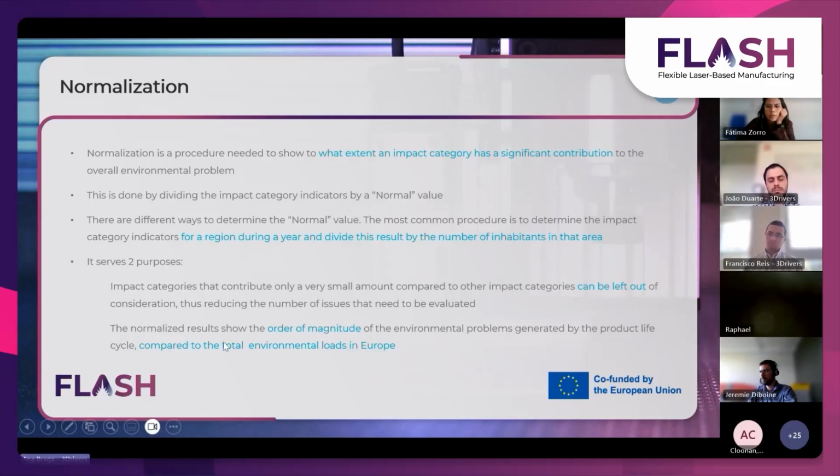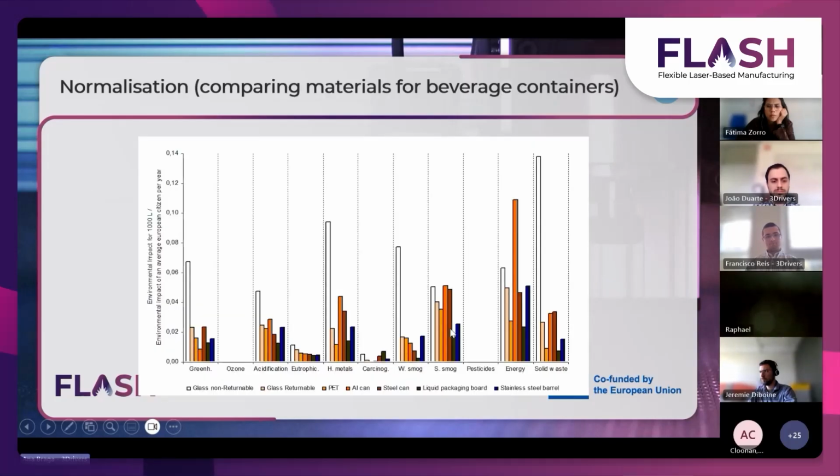And the normalized results show the order of magnitude of the environmental problems generated by the product life cycle compared to the total environmental loads in Europe. This is an example because here the results are normalized, so we can compare directly these impact categories, such as greenhouse, heavy metals, carcinogenic, smog, and so on.